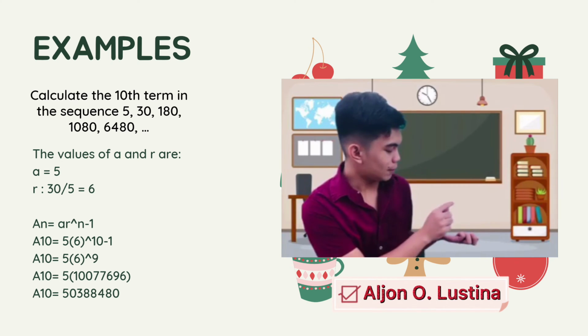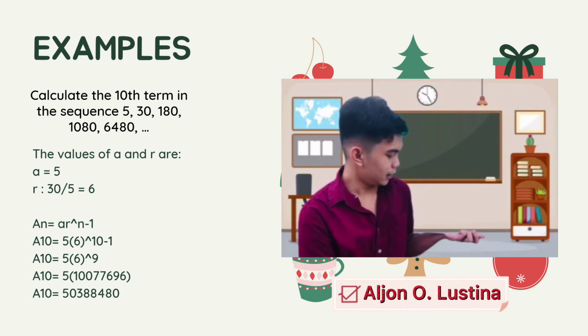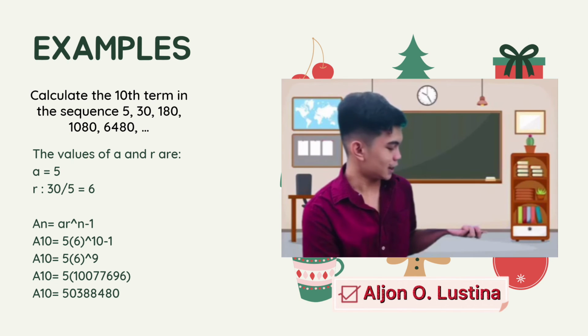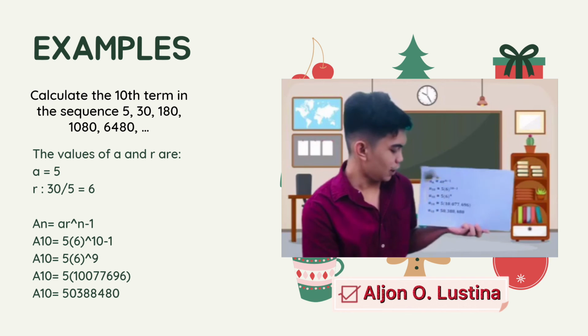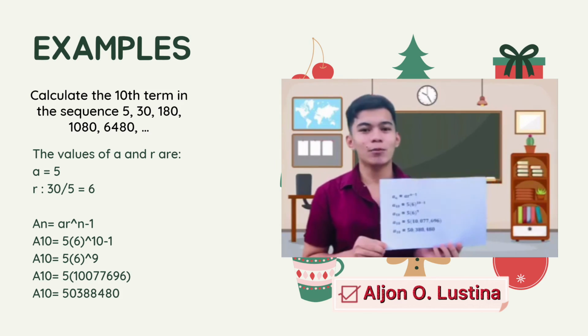Then we will simplify 10 minus 1, which is 9. Then 6 raised to the power of 9 is equal to 10,077,696. And lastly, multiply 10,077,696 by 5, which is 50,388,480. So that is the 10th term of the geometric sequence.